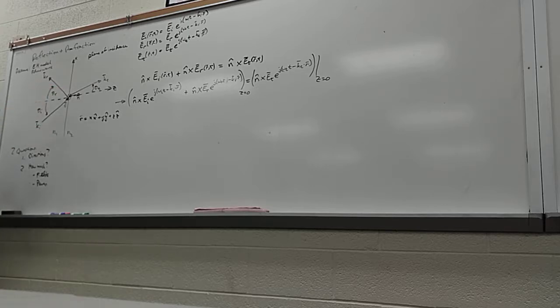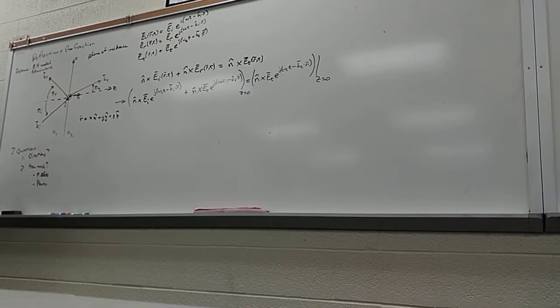Okay, so we look at that and we say, we don't know the direction of E_i, E_r, or E_t, but is there something we can say about the relationships here? And yeah, there is, namely that on this boundary, this has to be true for all times t and all positions r on the boundary.